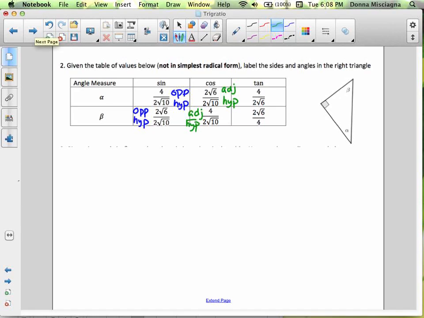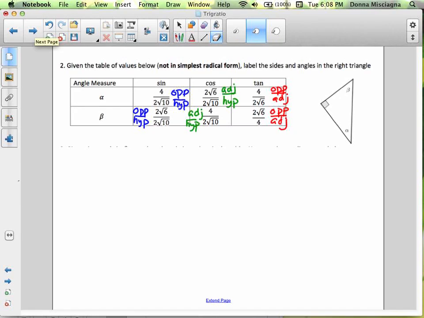And I guess I should write it like that. It looks a little clearer. And tangent is opposite over adjacent. All right, so now let's work with A first. All right, and then we're going to check with B.